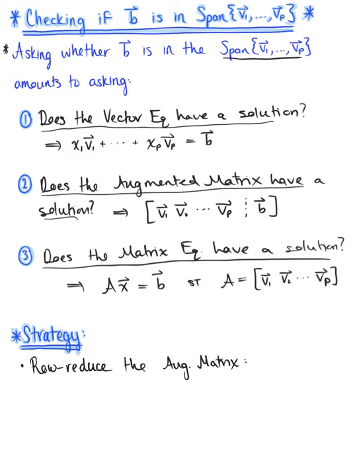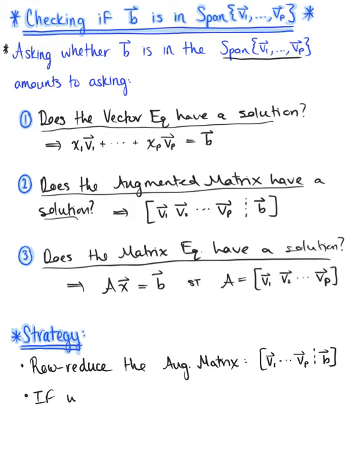So if you're only given that set of vectors, you want to put those vectors into your augmented matrix and start row reduction. Now, we don't have to go all the way. If amongst our row reduction, we are able to attain an equivalent matrix in echelon form, then the system is consistent, and thus a solution exists.